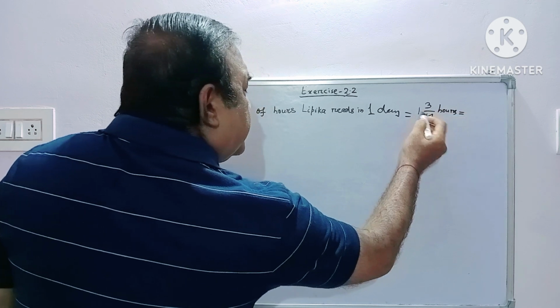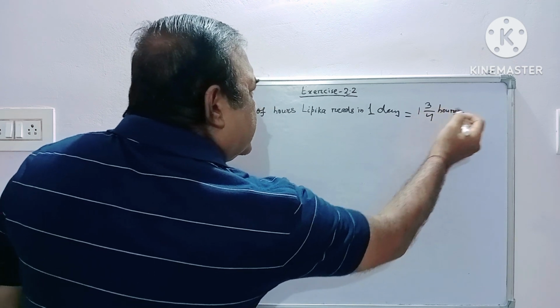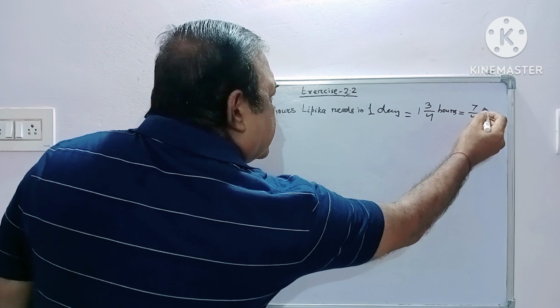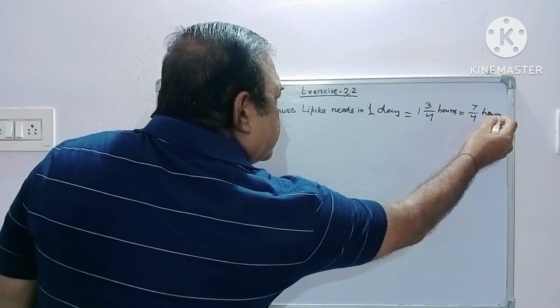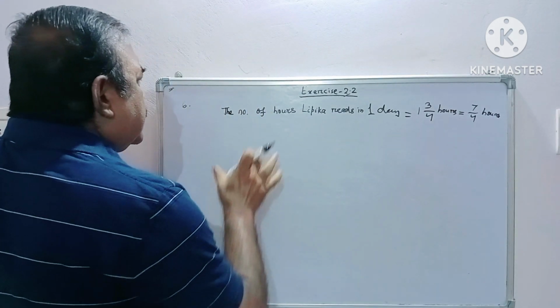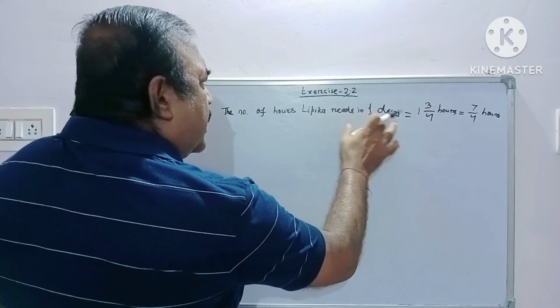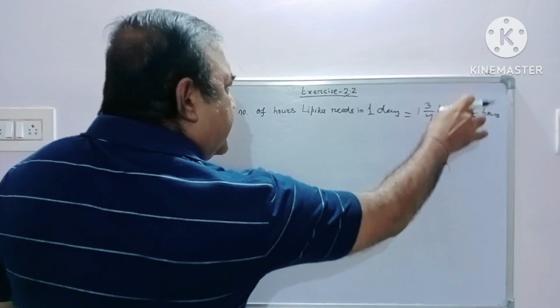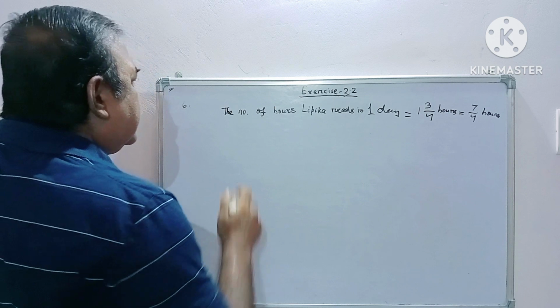That is equal to 1 into 4 plus 3, that is 7 upon 4 hours. So the number of hours Lipika reads in 1 day is equal to 7 upon 4 hours.